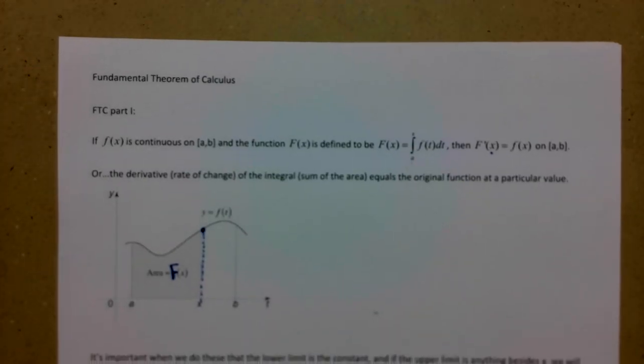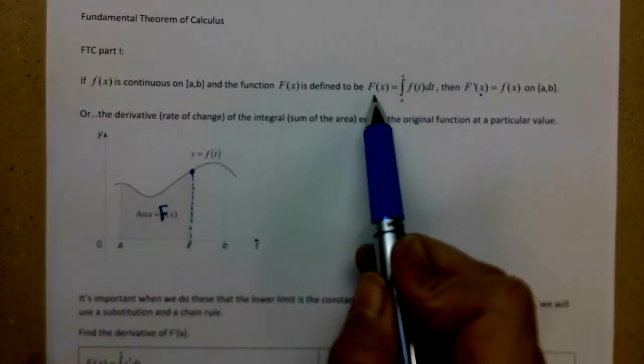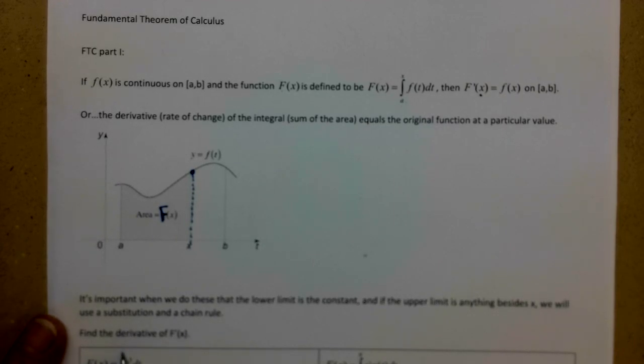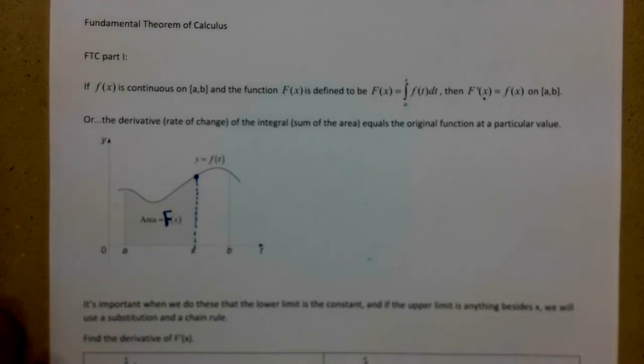Okay, so in practice, this is the part where you just kind of got to roll with it. We're thinking about this definition: the lower limit is the constant, the upper limit is the x. If it's different, then we're going to have to use some of our integration rules and maybe a substitution chain rule thing to figure it out.